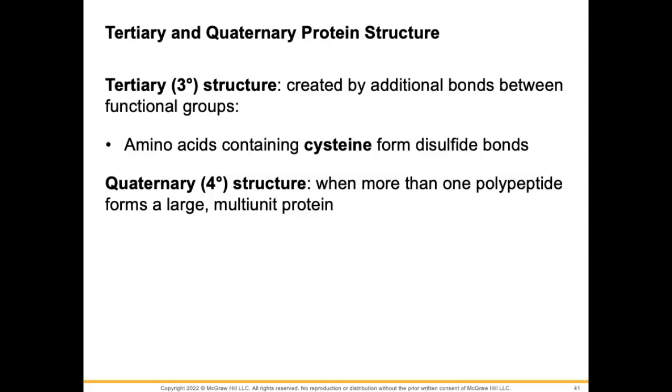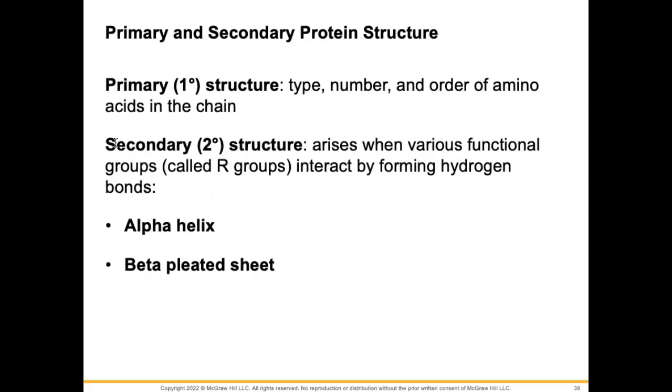And basically, the same way the blankets have simple tasks and then more complex tasks, it's the same thing with the protein structures. The more simple the structure is, as in primary and secondary, the less complex the task it has.